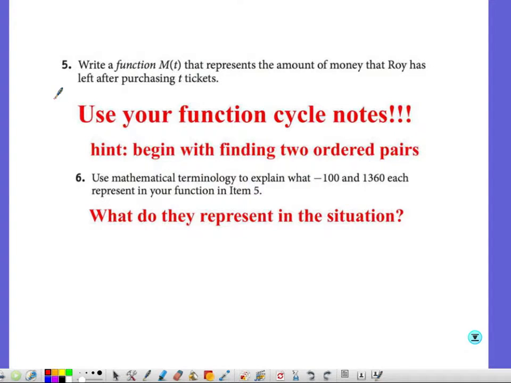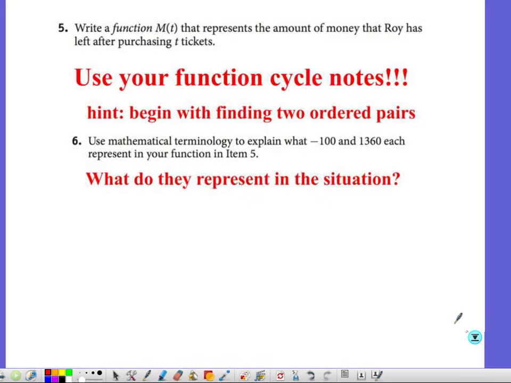Number 5, write a function m of t that represents the amount of money that Roy has left after purchasing t tickets. Alright, so again, the function cycle is going to help you find the equation. So let me just recap over the function cycle. You start with your function. From your function, you can create a table.